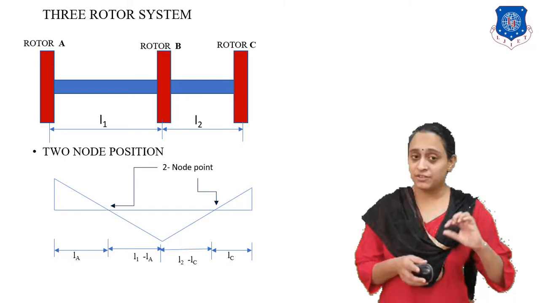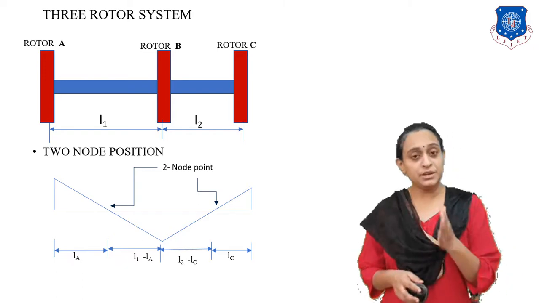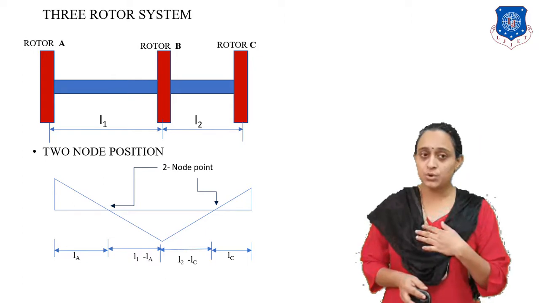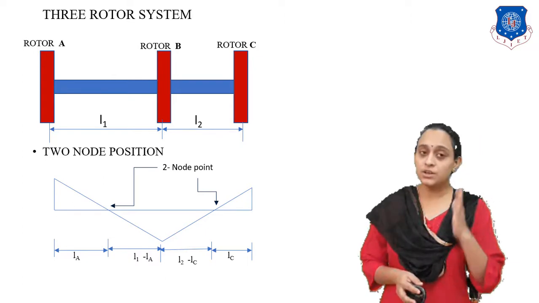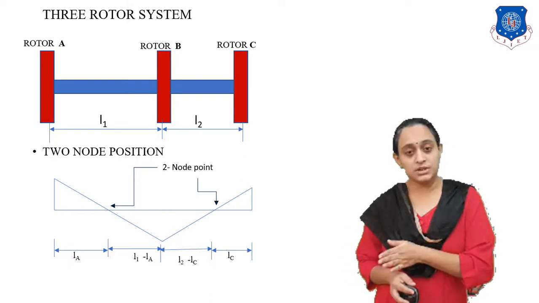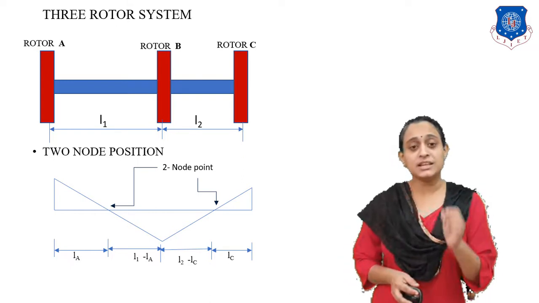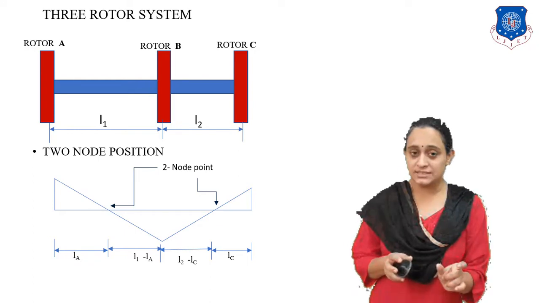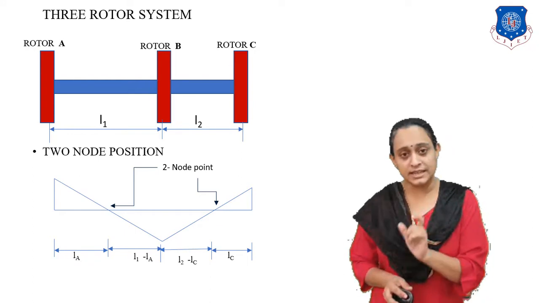Between A and B we will get one node position, and between B and C we will get another node position. From rotor A the nodal point position length is LA, and from rotor C the nodal point position is LC. The remaining lengths are L1 minus LA as well as L2 minus LC.